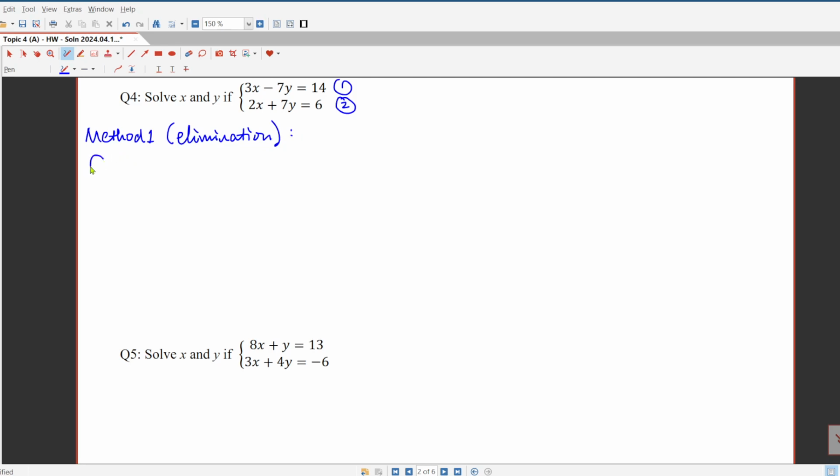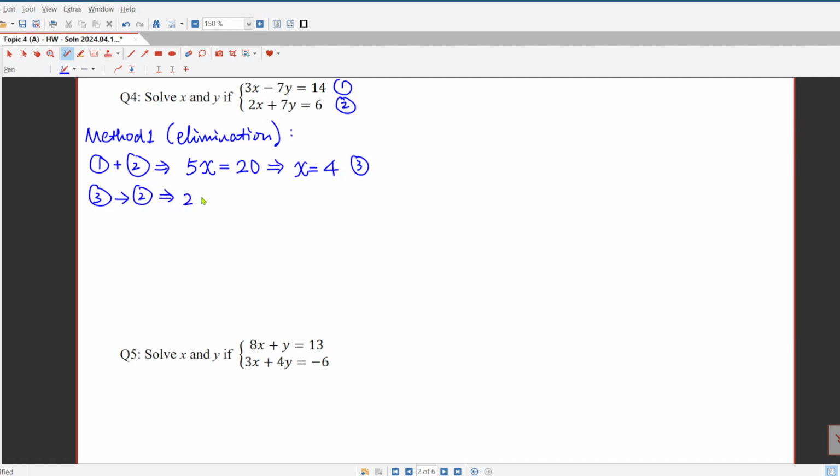You can use equation number 1, add it to equation number 2. This will give us, the left side is just 5x, right? And the right side is 20. So immediately you can solve x is 4. Then you can put equation number 3 back into either 1 or 2. So suppose let's put it back in number 2.